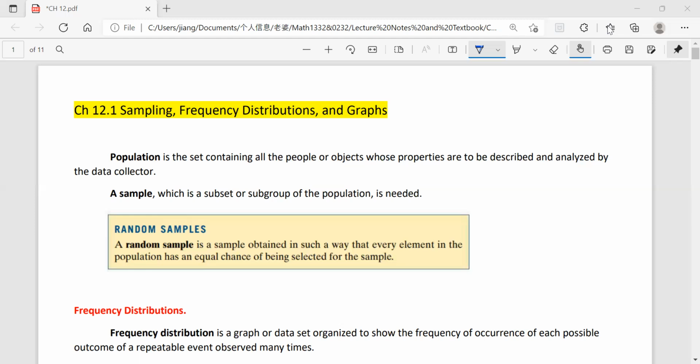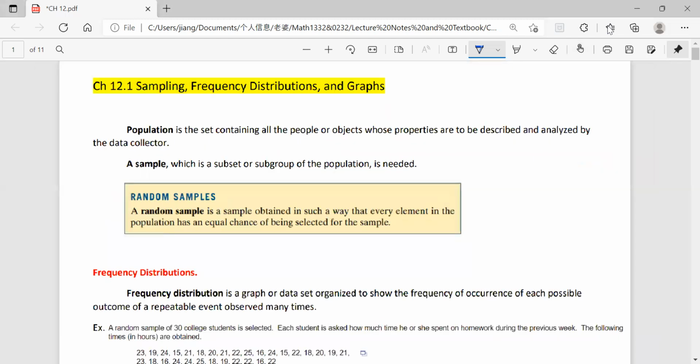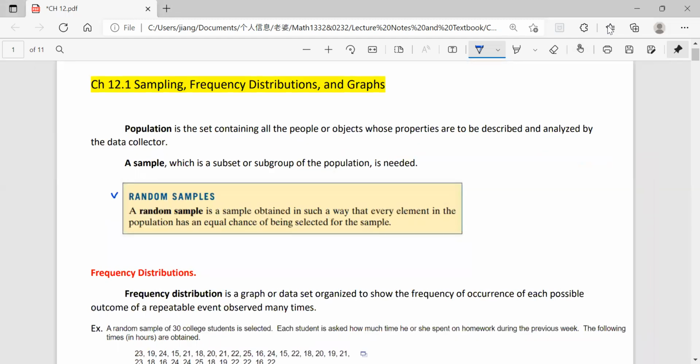Next definition is random samples. A random sample is a sample obtained in such a way that every element in the population has an equal chance of being selected for the sample. For example, I want one person from my survey, or from the school. I want to do the survey.